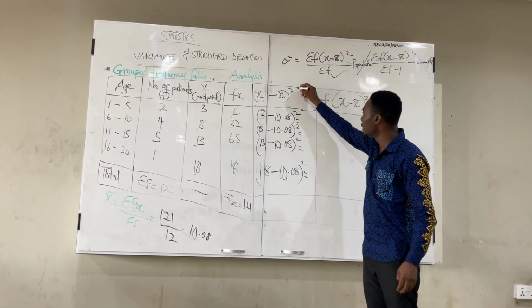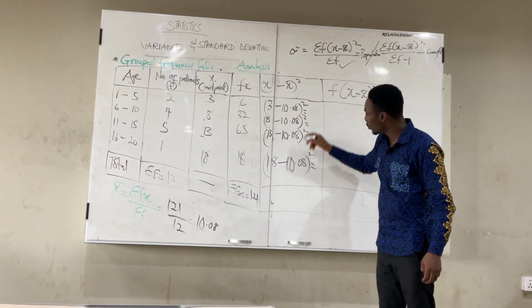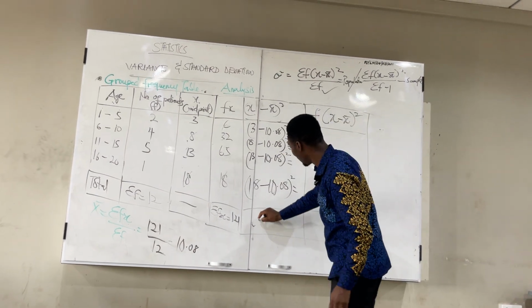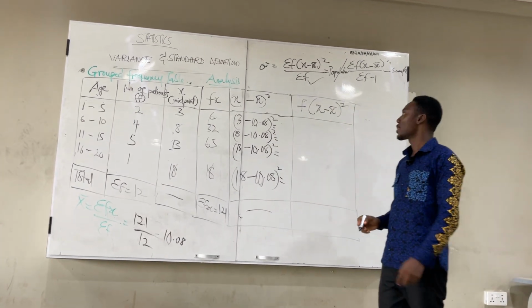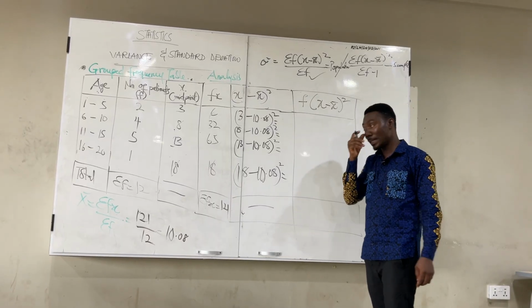And remember, you don't need total or summation for the deviation column. You can put dash there. Is that okay? Great.